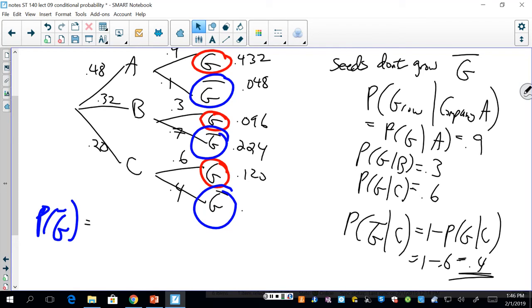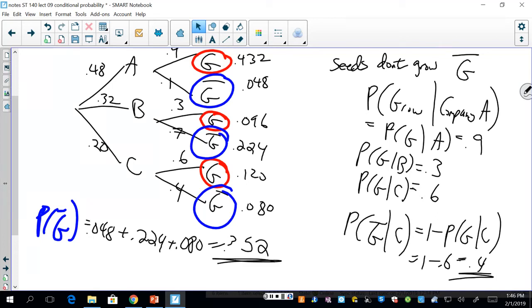And then this one is 0.08. Keep an extra decimal place. If you add those three things up, 0.048 plus 0.224 plus 0.08, it should get what we had before, 0.352. Same number. So either 1 minus, if you've done the other calculation, or this.